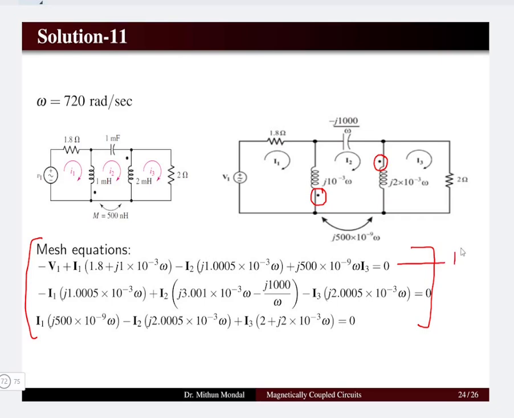In the first equation, we involve the current I1 in the 1.8 ohm resistor, and in this inductance there are 2 currents involved, that is I1 and I2, whereas the third coil is coupled with the first coil. So even though the coils are not touching, mutual inductances are there.